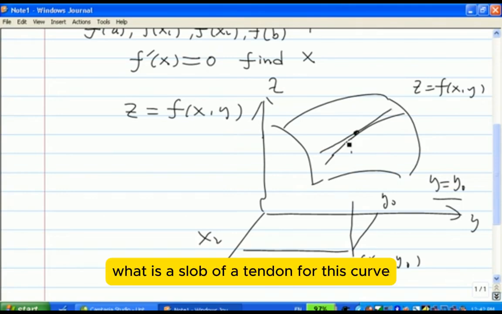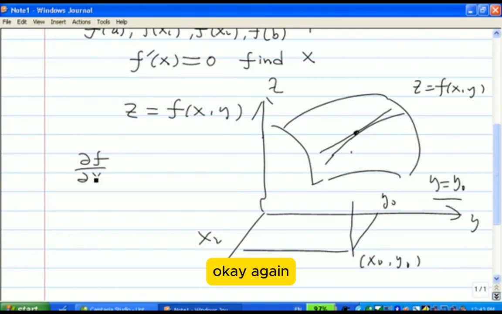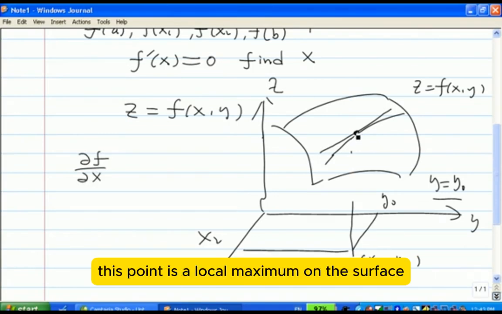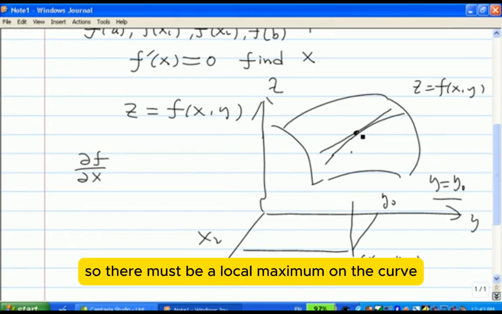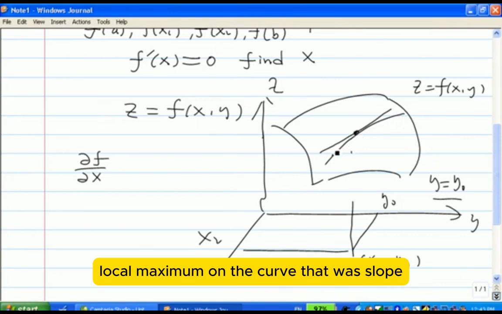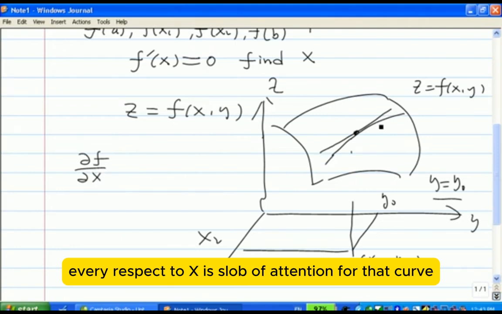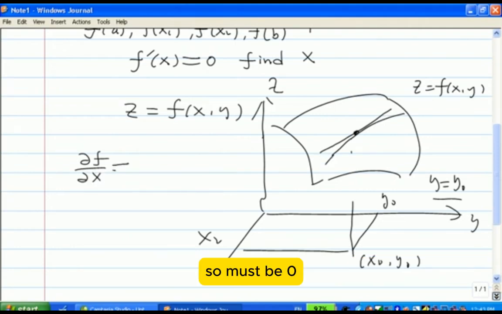The slope of the tangent for this curve is exactly the partial derivative of f with respect to x, so it must be 0.